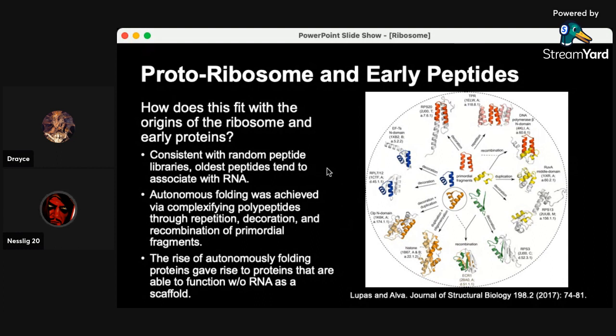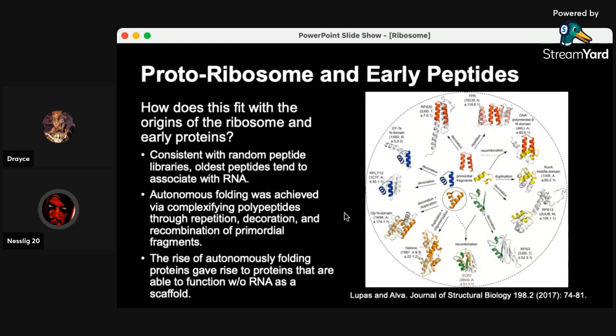Consistent with random peptide libraries, the oldest peptides tend to be associated with RNA, which stabilizes RNA. It's also funny that RNA is often treated as unstable in water, but when you look at, for example, the ribosome, RNA complexes that are stabilized by proteins are able to survive for a lot longer. I think ribosomes last for a very long time in our cells as well, without being degraded.